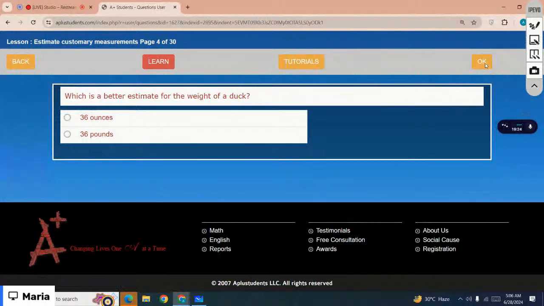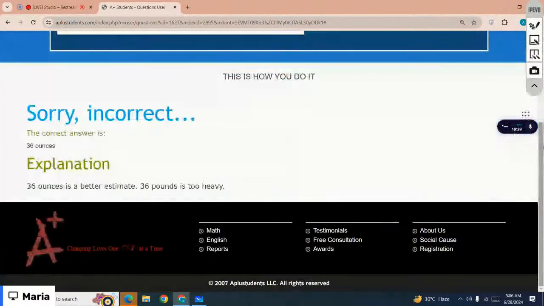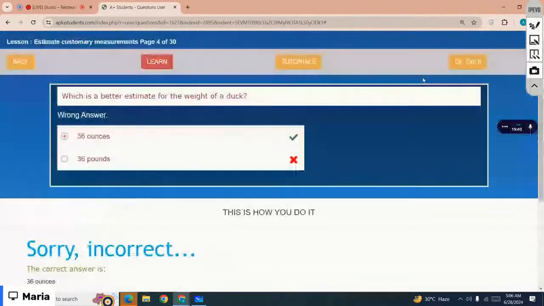The correct option is 36 ounces, right? Because 36 pounds is too heavy, sorry.